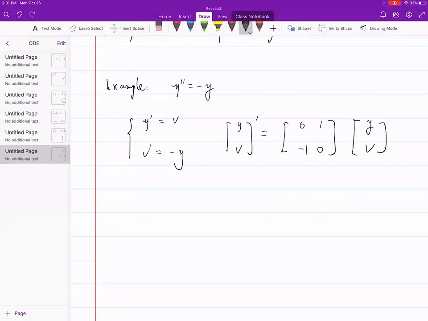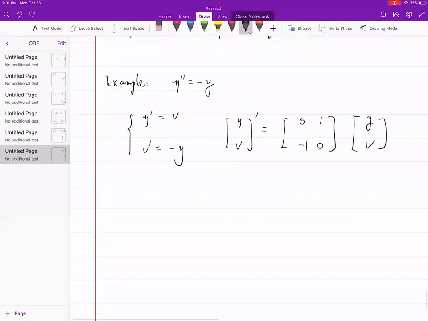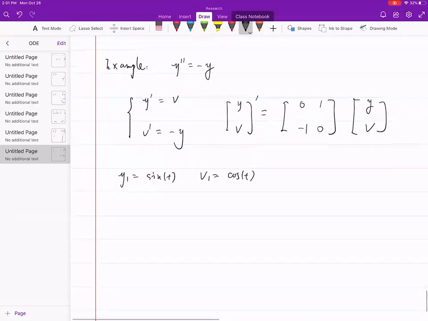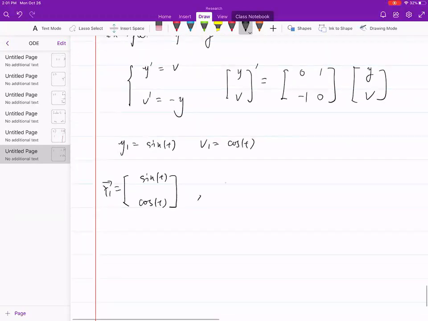It's a linear system with constant coefficient, so it satisfies y prime equals Ay. All right. Do you know a solution? Well, I do. Sorry, y1 equals sine t, which means v1 equals cosine t, which is y prime, which gives us the first solution. This one works. Meanwhile, by guessing, this one also works.